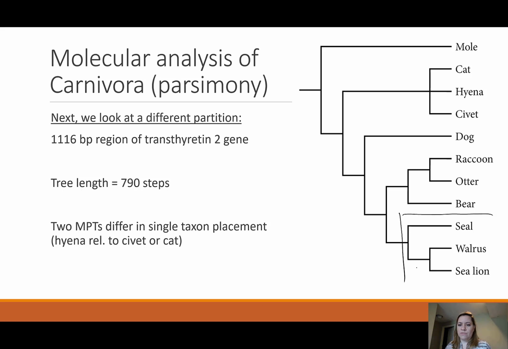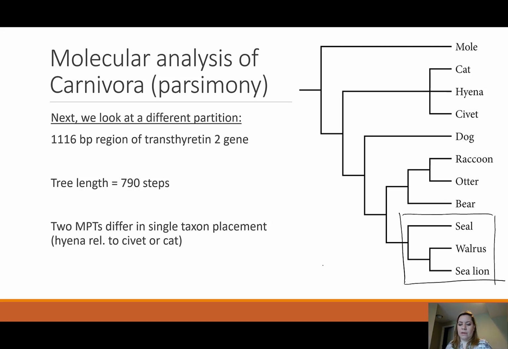So we feel pretty comfortable with our molecules that these form a clade where walrus and sea lions are sisters. But when we look at the consensus, which this is, of the molecules, cat, hyena, and civet relationships are not very well worked out. So we are going to assume that this is our molecular tree based on parsimony.